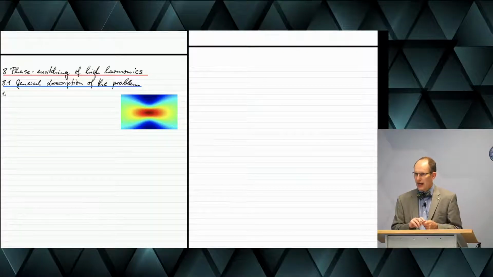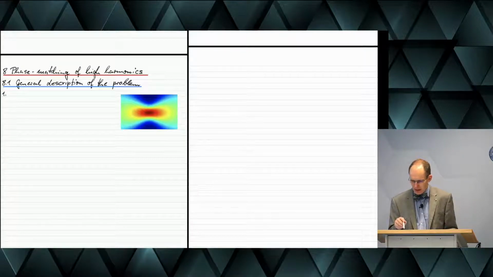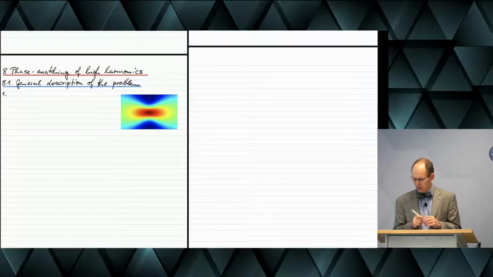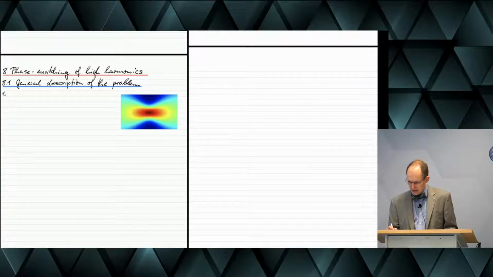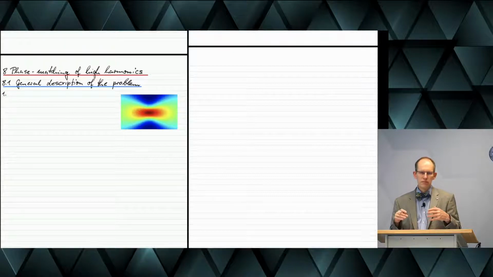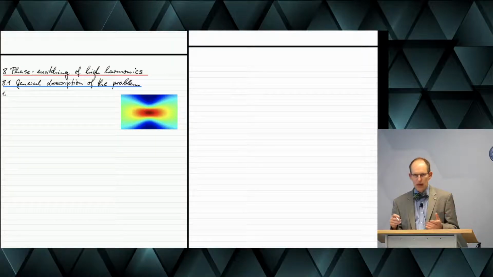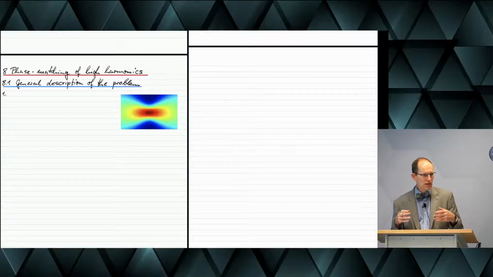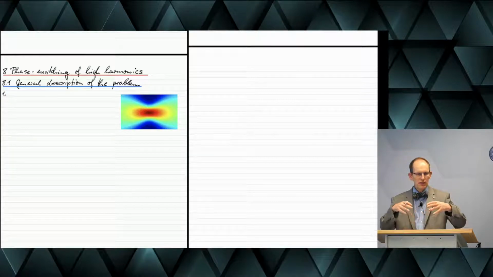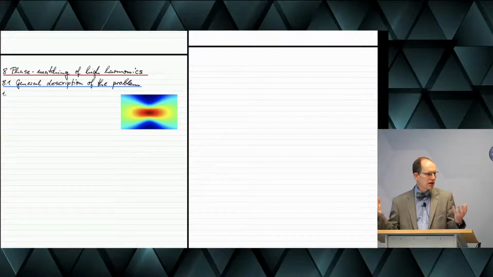Well, let's start with a general description of the problem. So what I have here already is the focus of a laser beam, say of the laser beam that generates the high harmonics, right? And then you could assume, and this is actually usually the case, that our target gas, so the gas that produces the high harmonics, that the extension of that gas is larger than the focus.